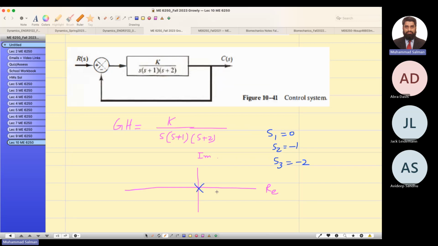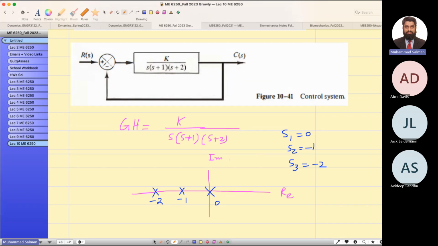You can draw the roots on the Laplace plane by crosses. The denominator has crosses, which are poles, -1, -2. These are the poles of the root locus transfer function. The numerator, roots of the numerator are the zeros.